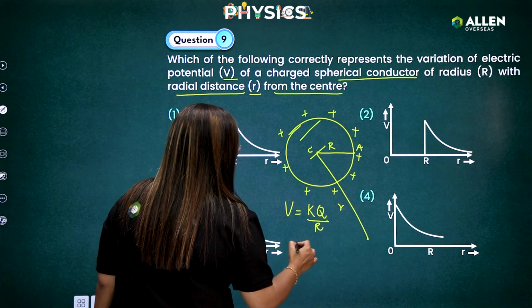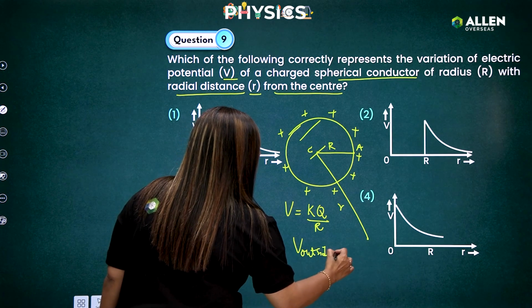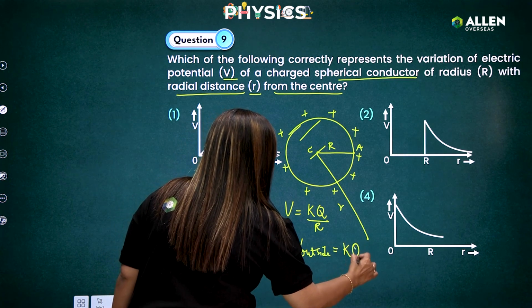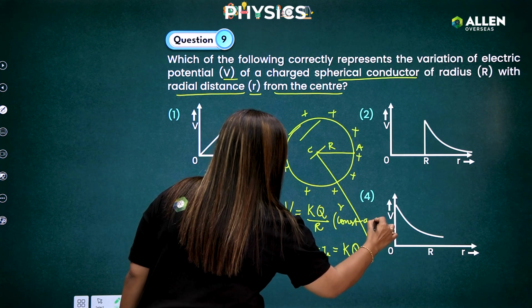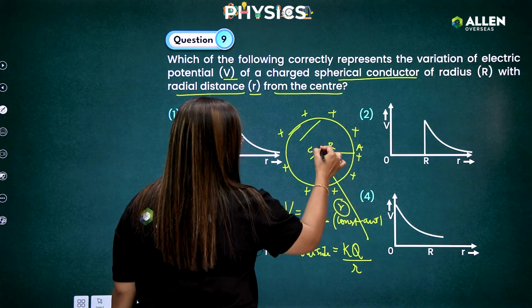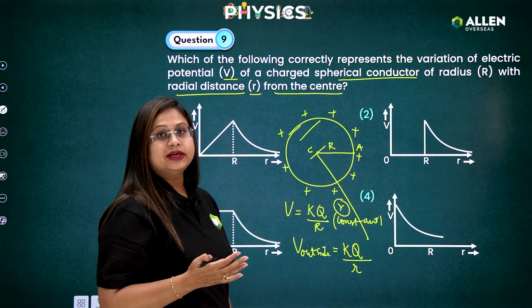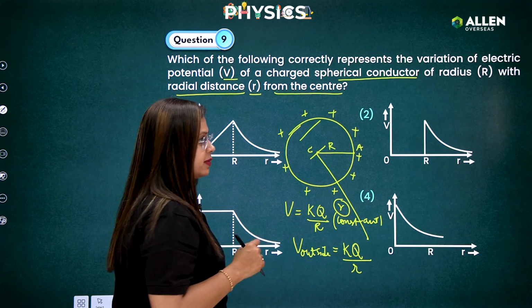And just outside it, how does it vary? Outside it does vary as KQ divided by small r, while small r is the distance of any point outside the surface from the center. So you can plot the graph in such a manner.